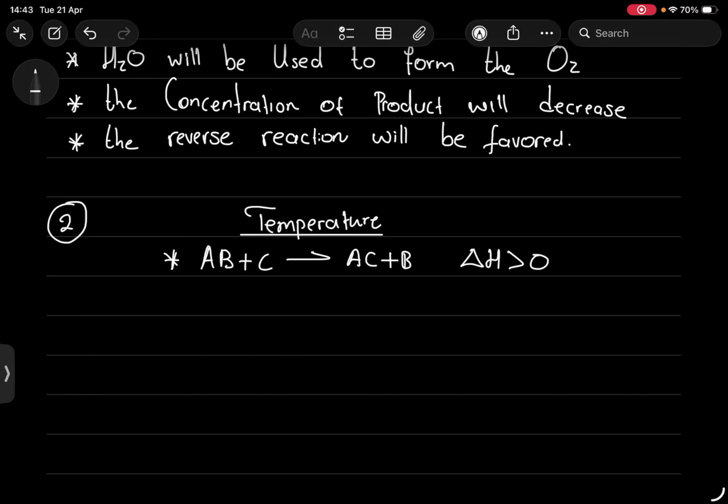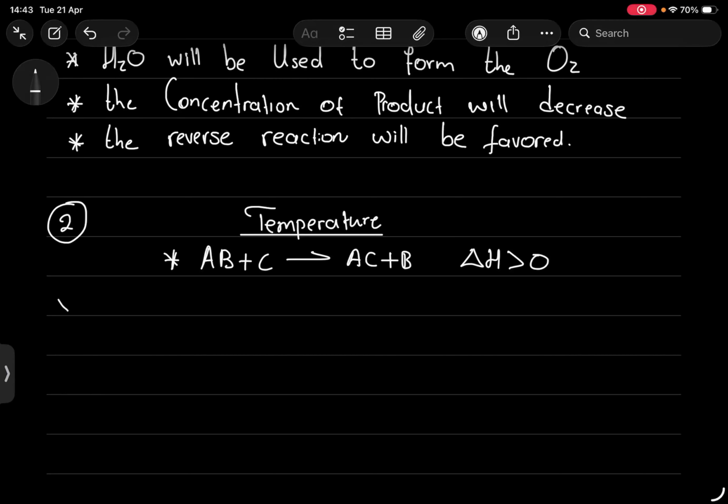Endothermic. It's endothermic, okay? Yes, sir. So, since we are having an endothermic reaction, what's going to happen?